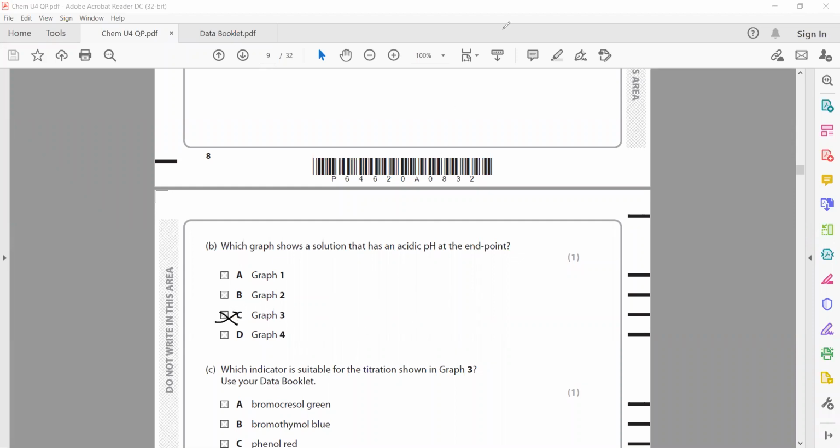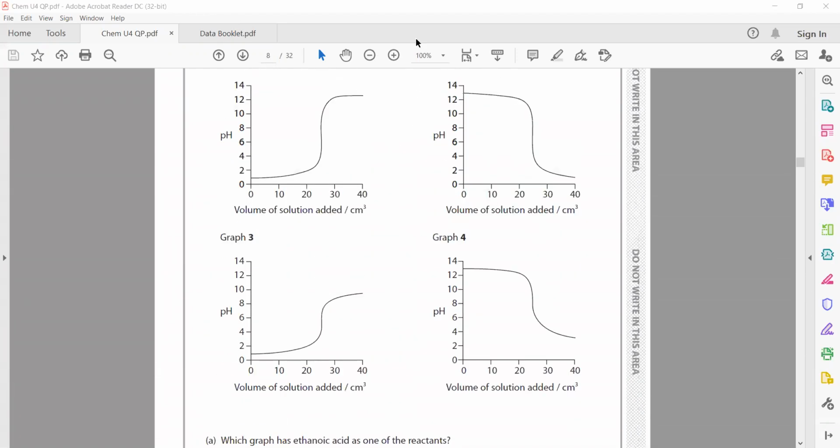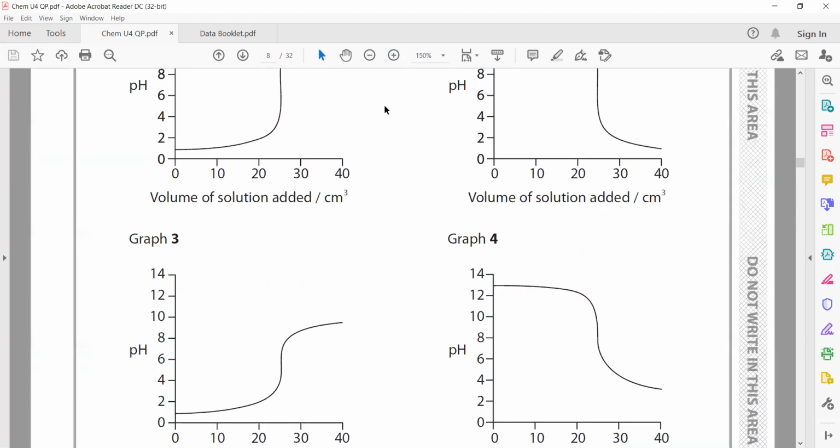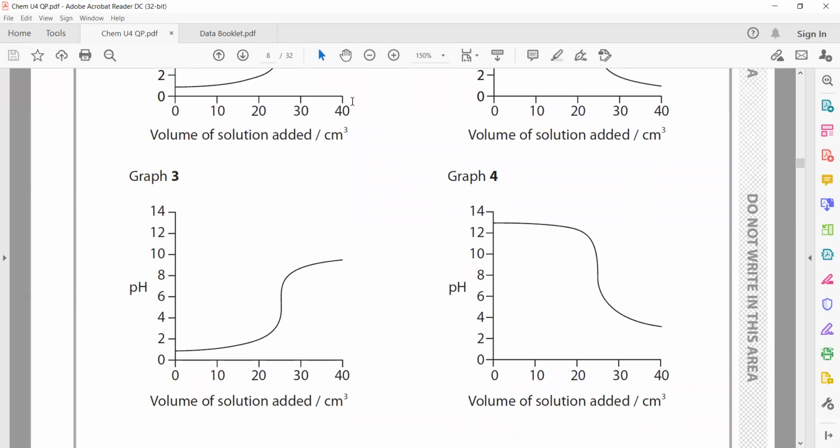Which indicator is suitable for titration in graph 3? Graph 3 is basically a reaction of strong acid and weak base, and we check the vertical portion for this region.